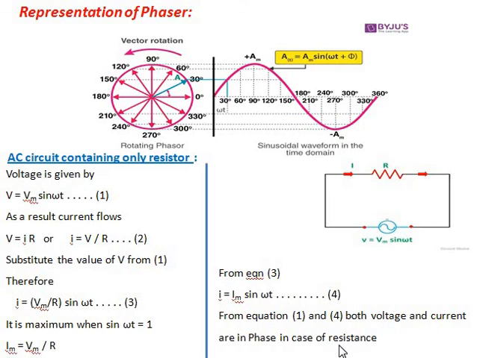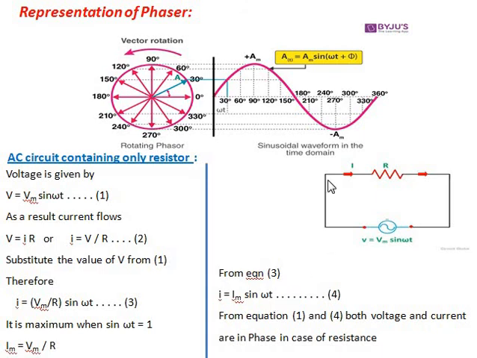When we compare equation 1 and 4, V is equal to Vm sin omega t, I is equal to Im sin omega t. So therefore, no phase difference arises between the voltage and the current.